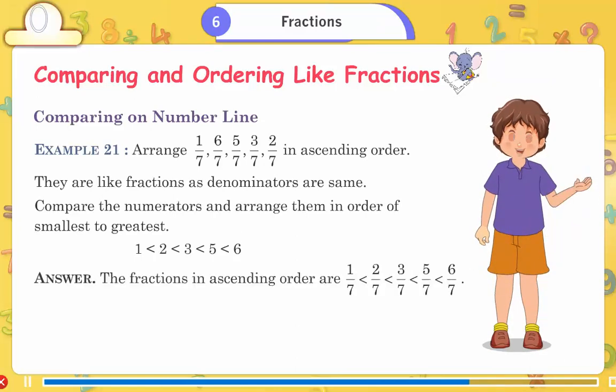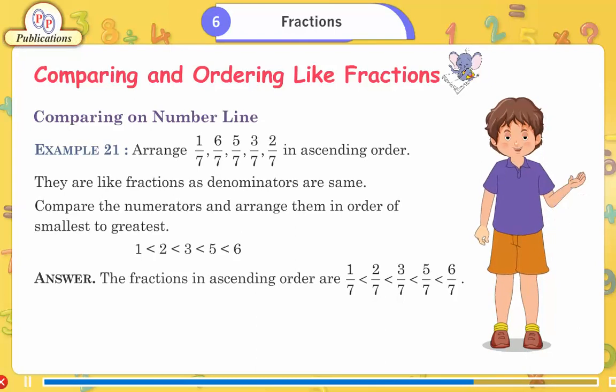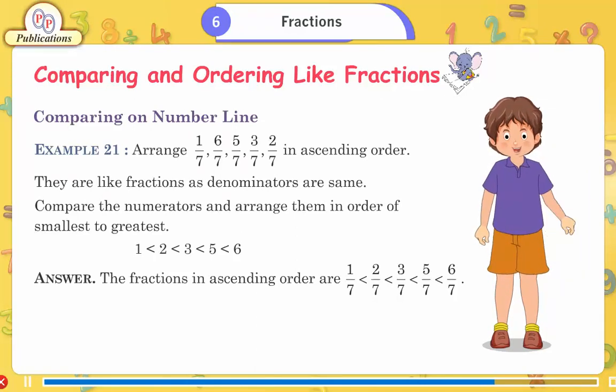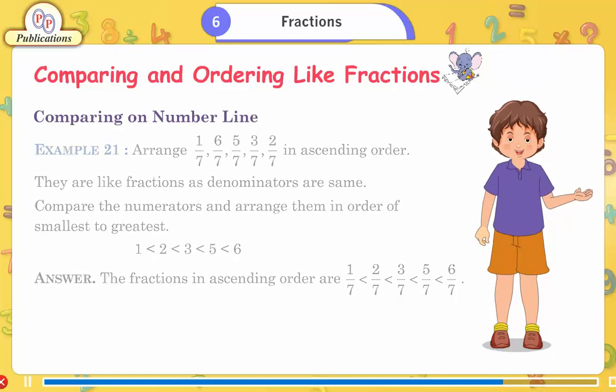Answer: The fractions in ascending order are 1 upon 7 is smaller than 2 upon 7 is smaller than 3 upon 7. 3 upon 7 is smaller than 5 upon 7. 5 upon 7 is smaller than 6 upon 7.